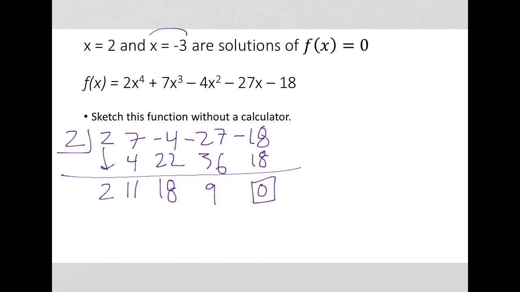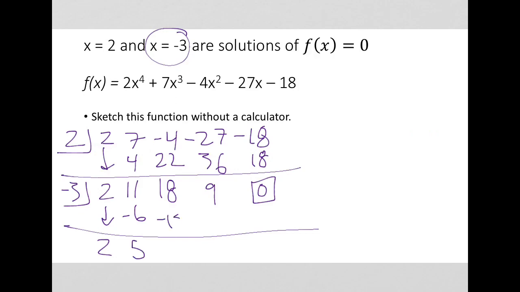So now let's check our other x, negative 3. Drop it down again. Negative 3 times 2 is negative 6. 11 plus negative 6 is 5. Negative 3 times 5 is negative 15. 18 plus negative 15 is 3. Negative 3 times 3 is negative 9. Alas, we get our 0, telling us that negative 3 is in fact a solution as well.